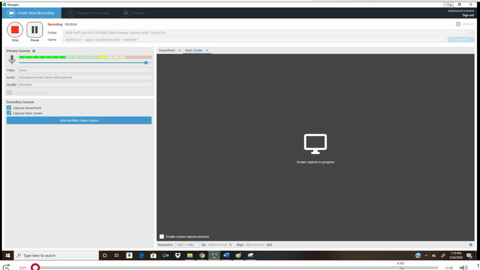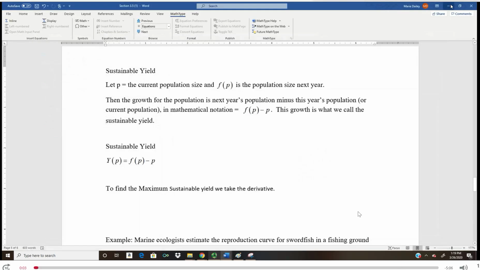Okay, let's go ahead and talk a little bit about sustainable yield. Now, sustainable yield, we want to talk more so about what this means in terms of actual application. So, in Western Pennsylvania here, we talk a lot about deer, and the government issues deer hunting licenses to be able to go out and hunt these deer.